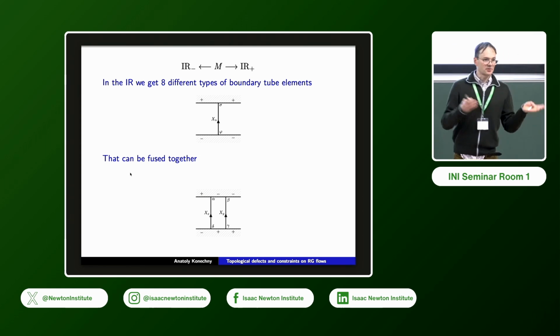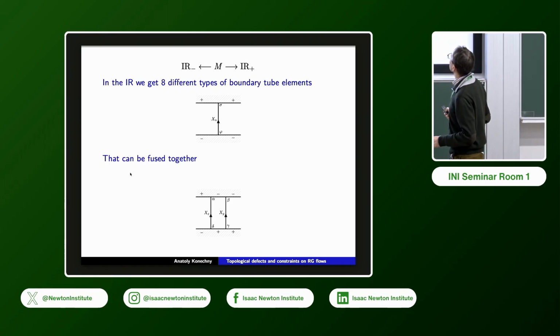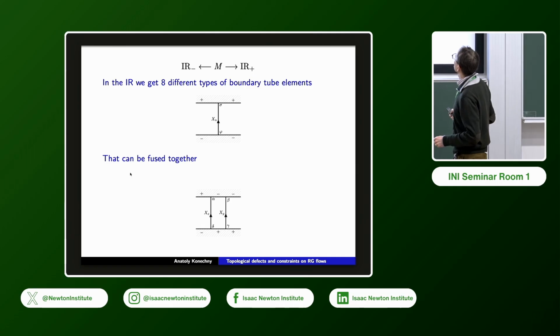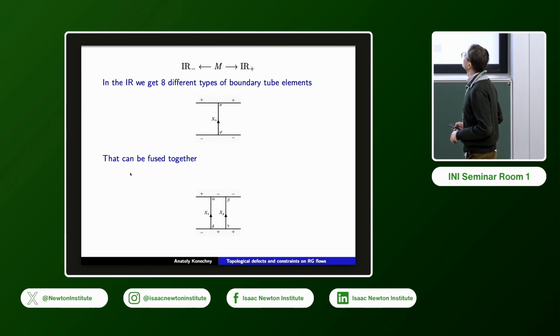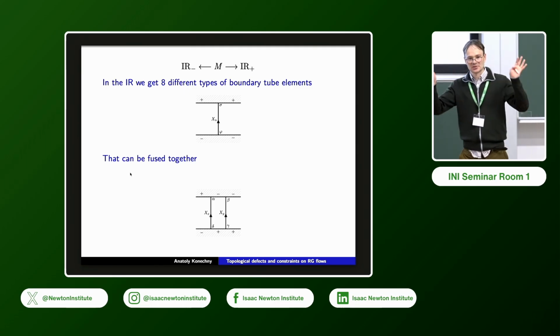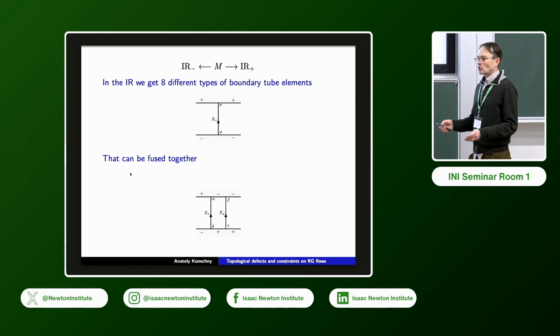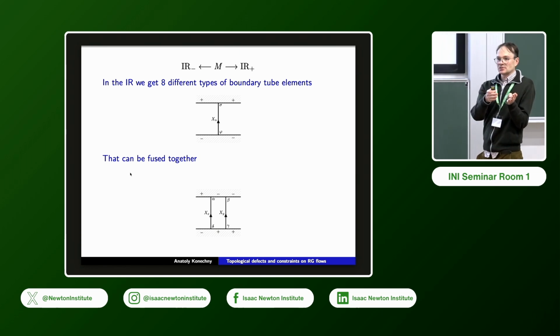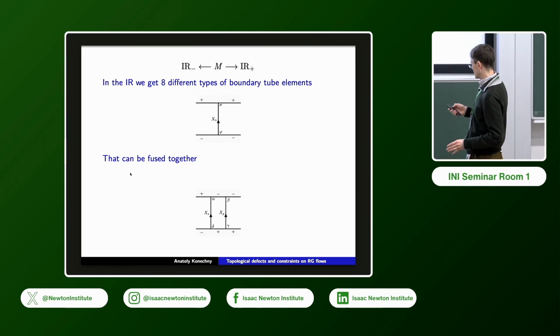But if they anti-commute, they should be relating plus and minus, and you see quickly that, on a strip, you have two ends, so basically you get 8 different types of these boundary tube algebra elements, which you can fuse together when it is allowed. So it's some kind of larger structure here. But yeah, if you know how it is realized in the UV, essentially there should be its realization in the IR between the endpoints.